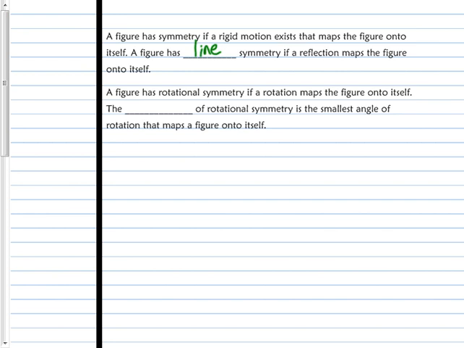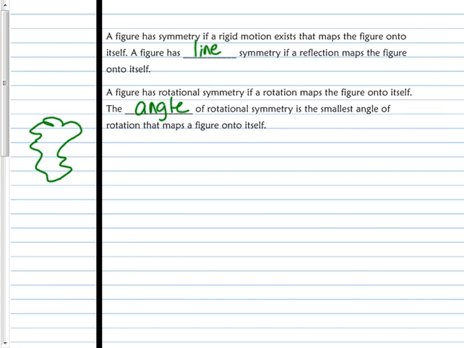The angle of rotational symmetry is the smallest angle of rotation that maps a figure onto itself. Because obviously, if you draw any random crazy shape and rotate it 360 degrees, it'll map onto itself. So we're looking for the smallest angle, something that has rotational symmetry of less than that, okay?